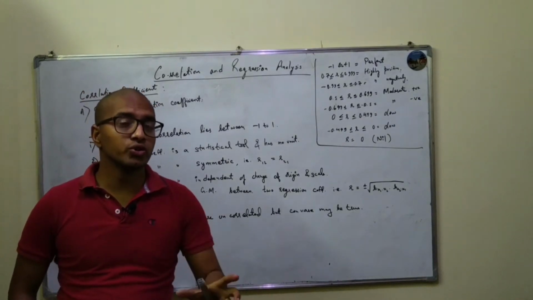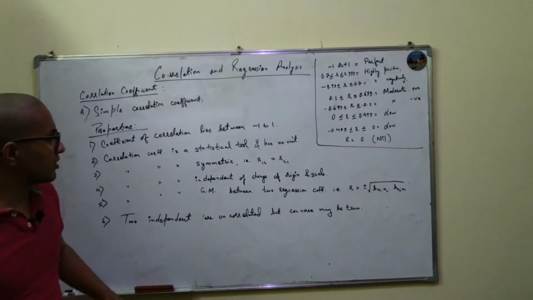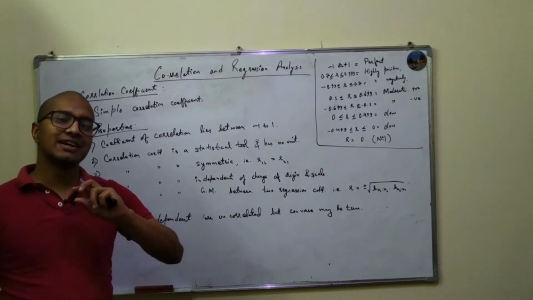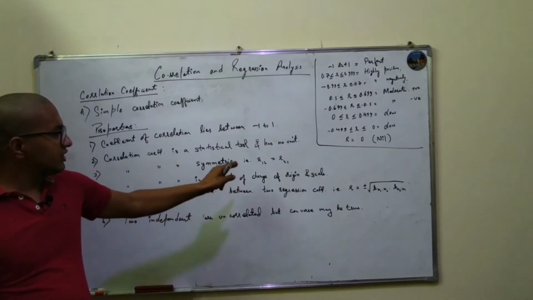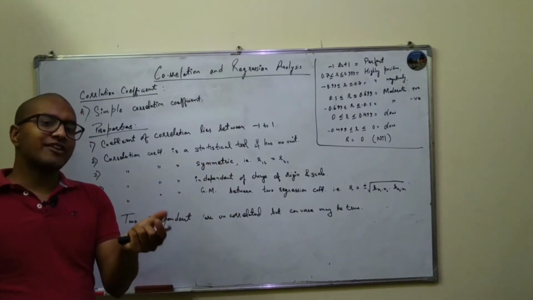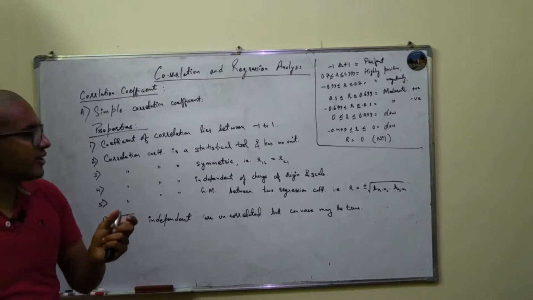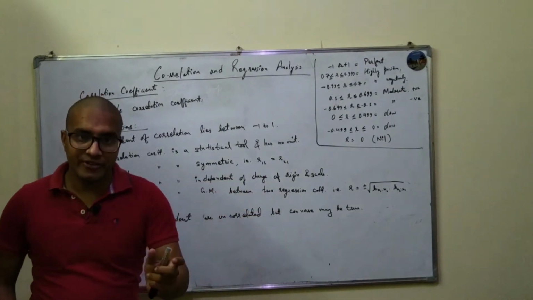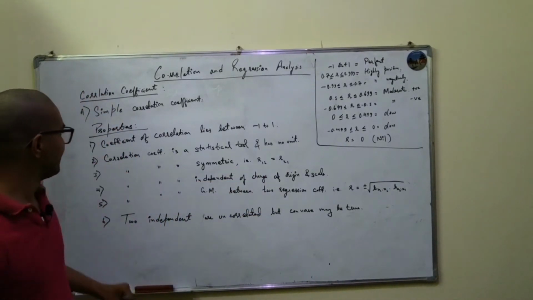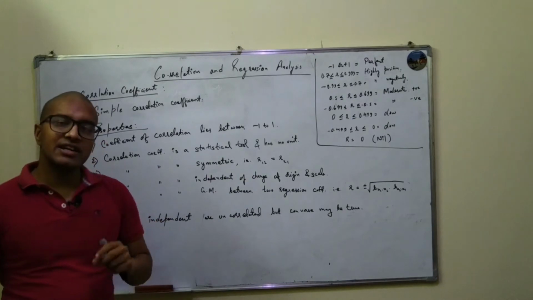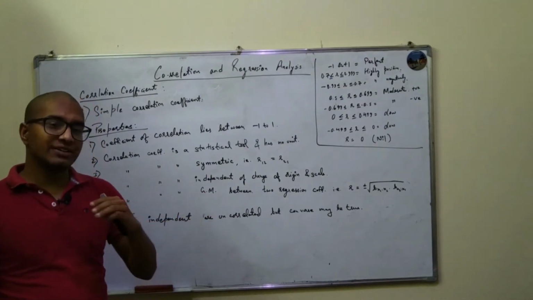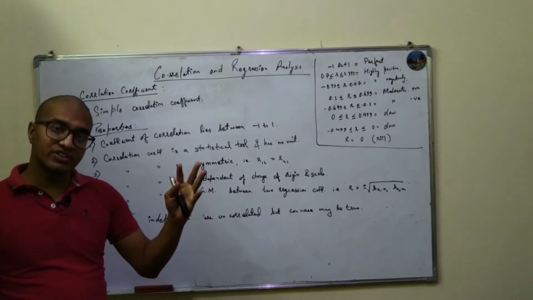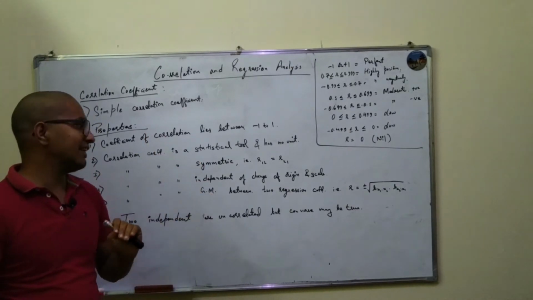Your third property is that it is symmetric, right? R12 is equal to R21. You can write it in any way you want, but they are symmetric. You need to remember that. And then they are independent of change of origin and scale.